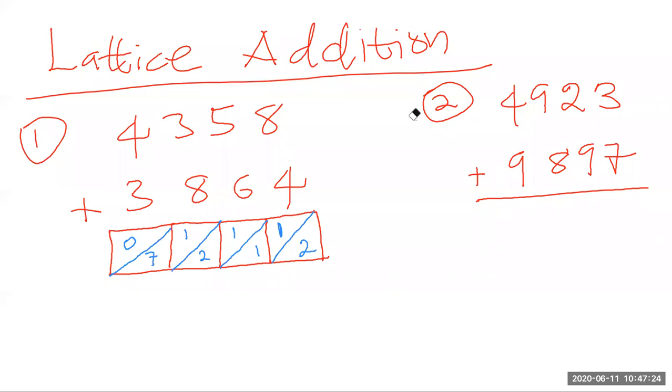Okay. Now at this point, let me choose a different color. You are going to add the diagonals. So we are going to add our diagonals. And so we're going to put this and that together, this and that together, this and that together.